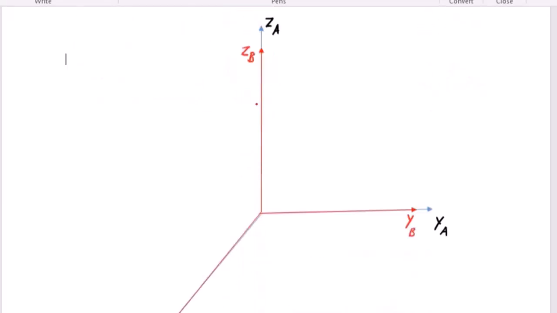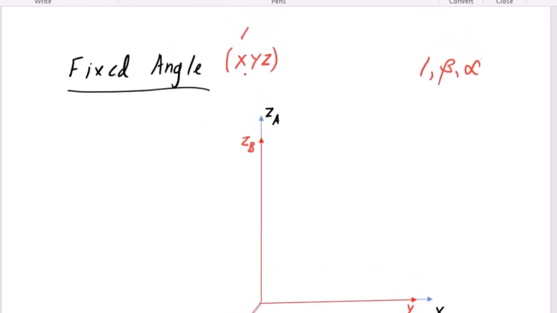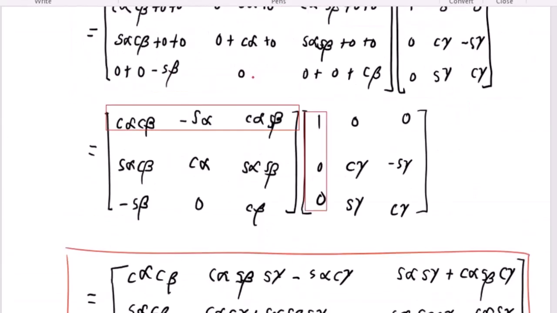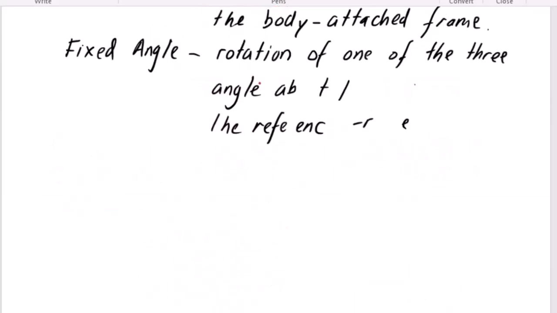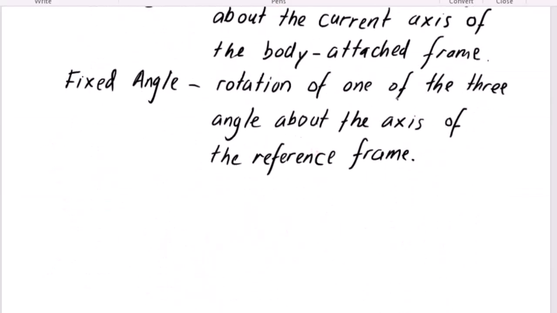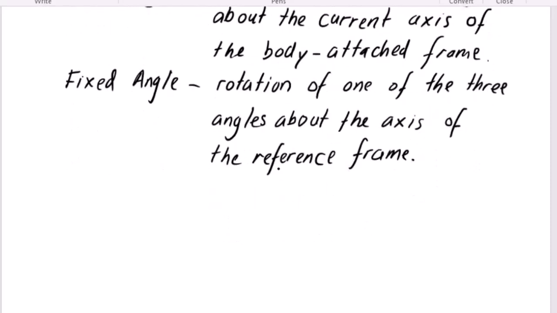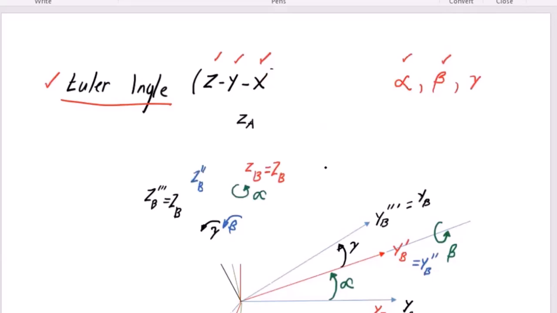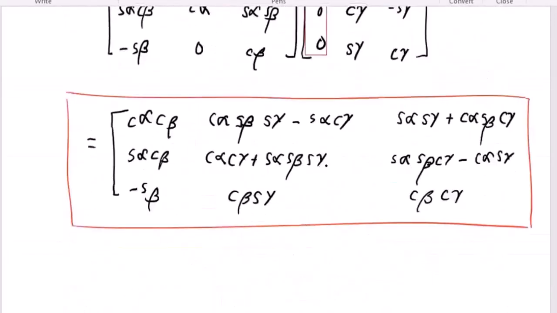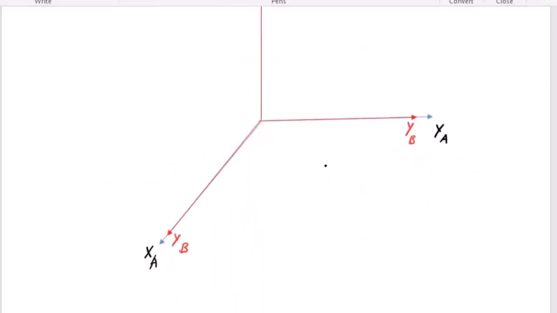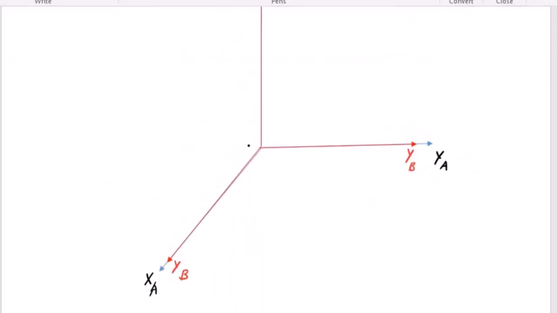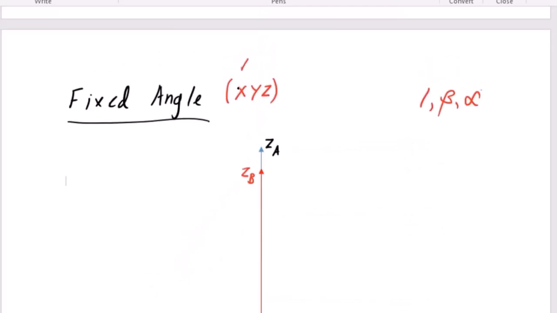So what will happen? Go back to the definition of the fixed angle: rotation of one of the three angles about the axis of the reference frame. We use the reference frame here. So go down. Now start with the X.